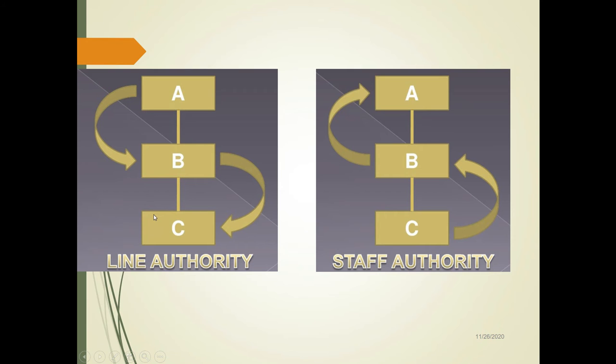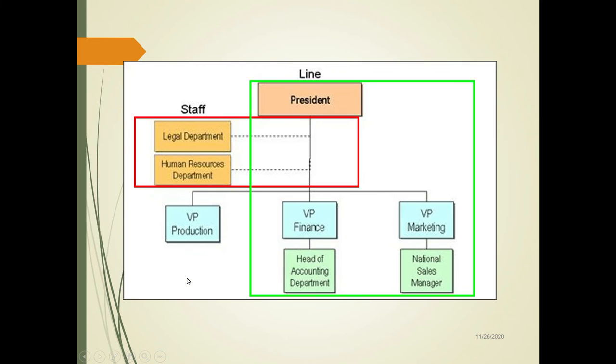Staff authority talks about the staff or subordinates who have authority because of their expertise. So this is an example. The staff over here have authority wherein they report directly to the president.